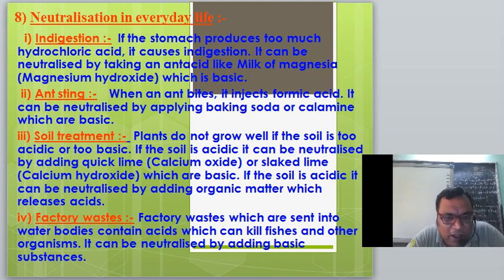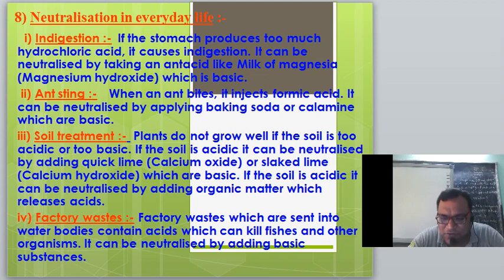Okay. And now comes soil treatment. You know that a farmer grows food grains, but you must have heard that by using lots of fertilizer, the fertility of the soil is also getting eroded. It's not always the same that when you use a lot of fertilizer, it always yields high crop production. No, it's not always the same.